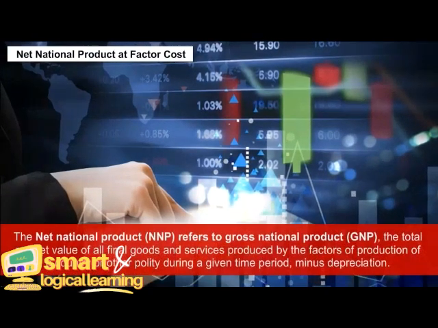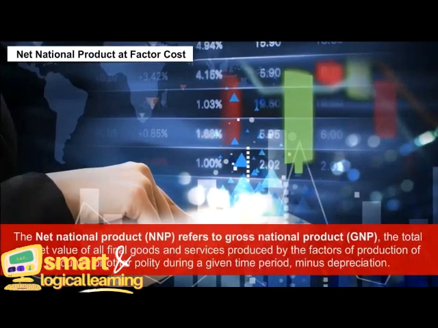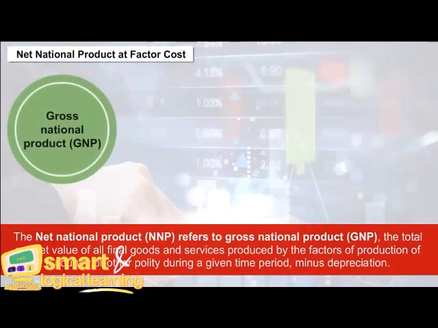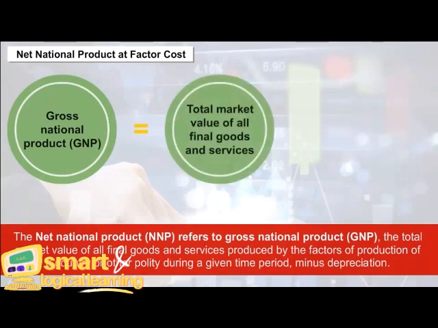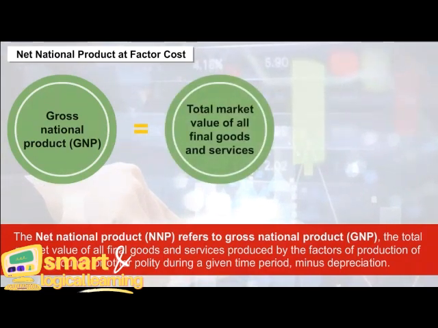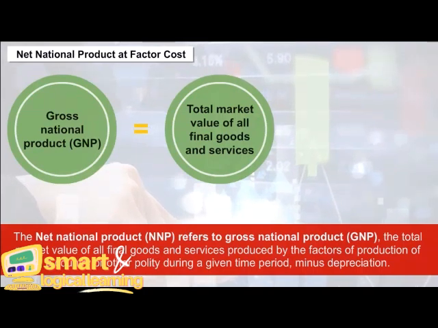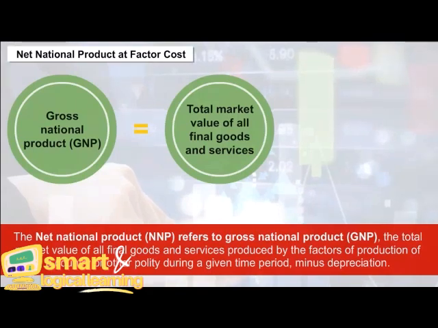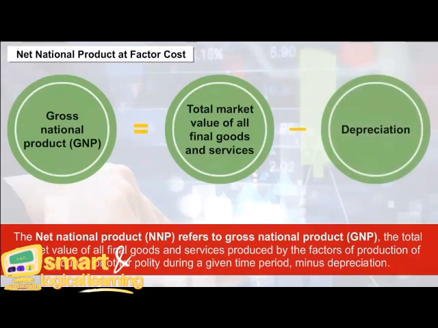The net national product, NNP, refers to gross national product, GNP, the total market value of all final goods and services produced by the factors of production of a country or other polity during a given time period, minus depreciation.